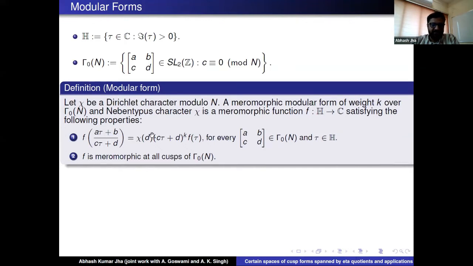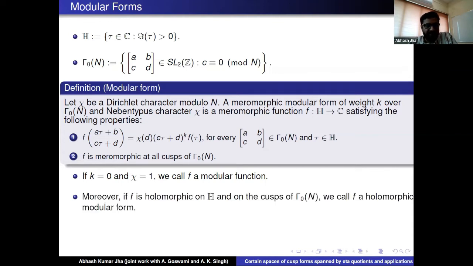First, the transformation property like this for every matrix in Γ_0(N), and it is meromorphic at all the cusps. If my weight k is 0 and the character χ is trivial, we call f a modular function. If my function f is holomorphic on the upper half plane and also at the cusps of Γ_0(N), then we call it a holomorphic modular form.